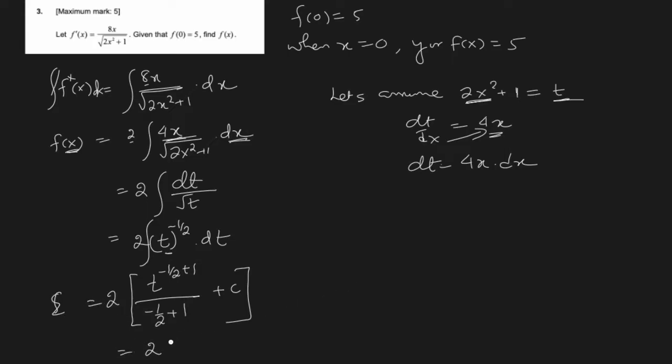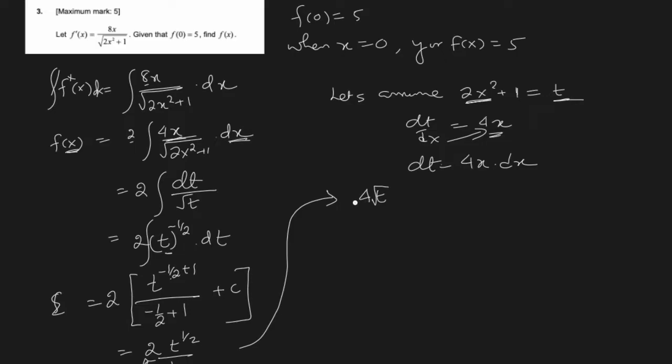Okay, so what does this become? This becomes 2t to the power minus half plus 1, which will be power half over power half. No, the denominator is half, not power. So the denominator of a denominator is the numerator, so this 2 will be the numerator here and multiply with this 2. So what do we get here? We get 4t to the power half, or which you can write as square root t.